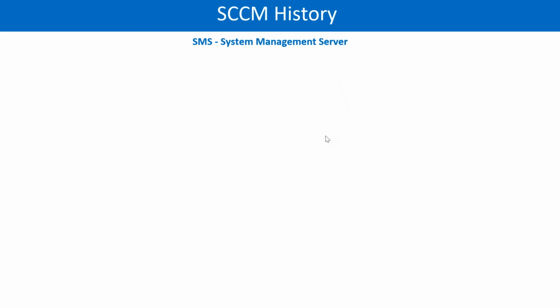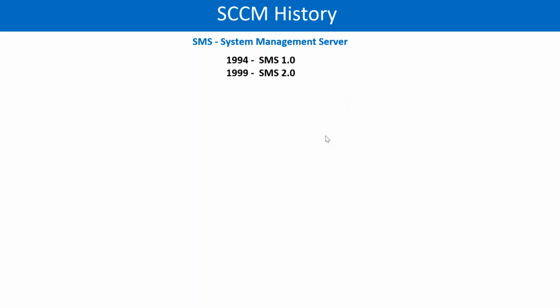Now let's talk about SCCM history. Since you are going to learn this technology, you should know the background of the technology. SCCM is a Microsoft product, and this was released by Microsoft as SMS in 1994. That was the first version of SCCM. SMS, System Management Server, SMS 1.0.